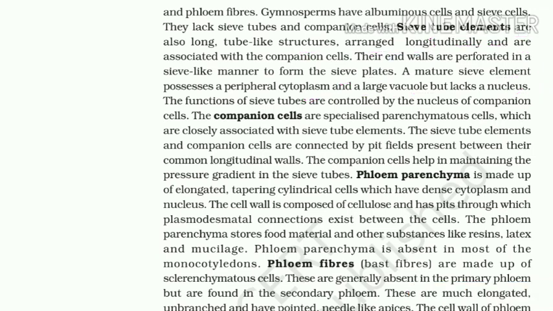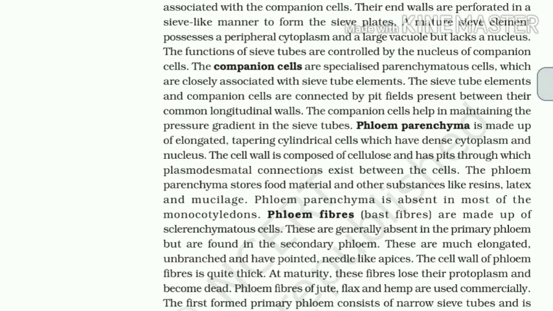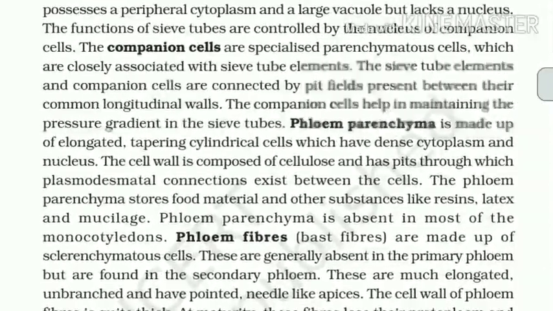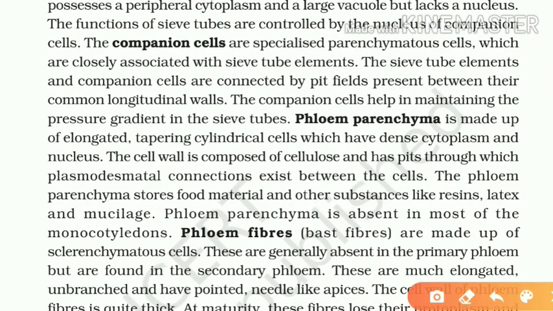So how will the functions take place? If there is a nucleus, it may control the entire cell, but the nucleus is absent in sieve tube elements. The companion cells have a nucleus present. So the companion cell nucleus maintains the sieve tube element's functions also.